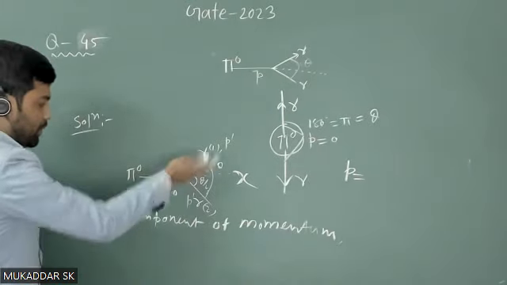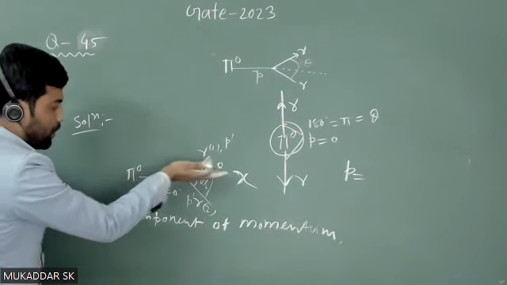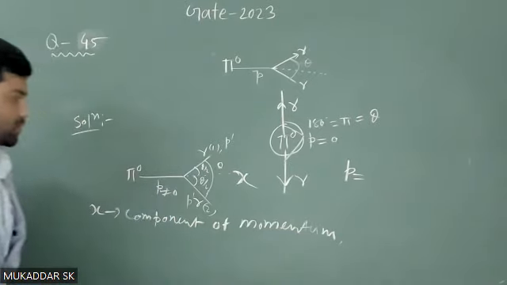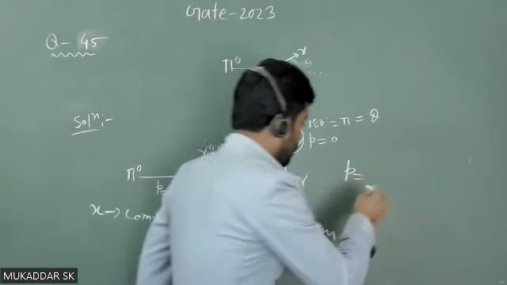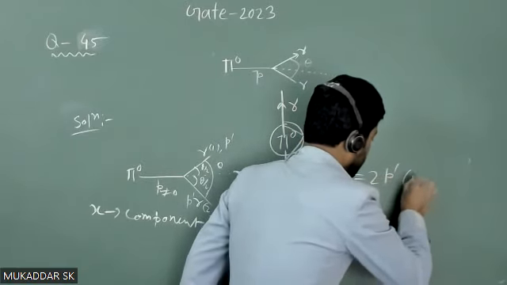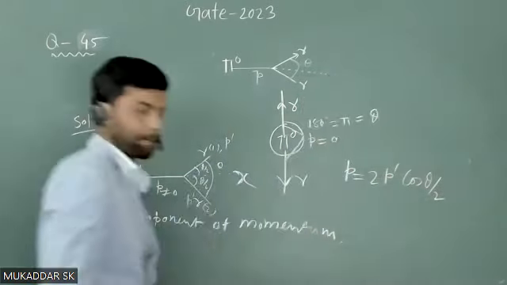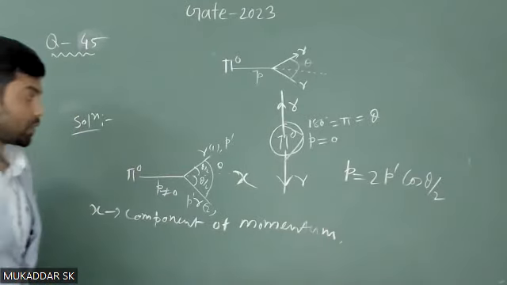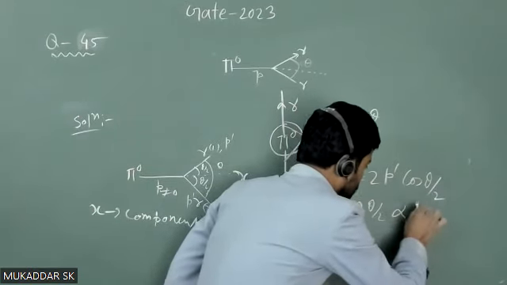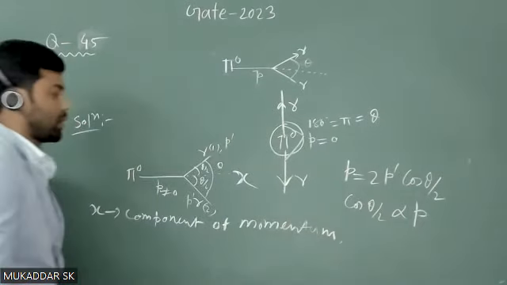The angle between the horizontal line and their direction of flight is theta by 2, so the x component for both photons is with cosine theta by 2. They are in the same direction, so if I sum them, the x component of momentum of the products will be twice p dash cosine theta by 2. So cosine theta by 2 is proportional to the momentum of the incident pi zero particle.